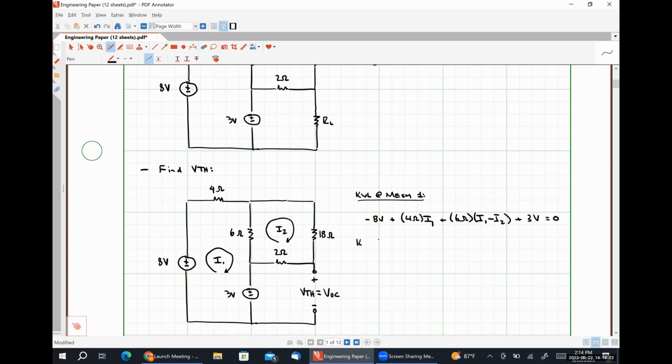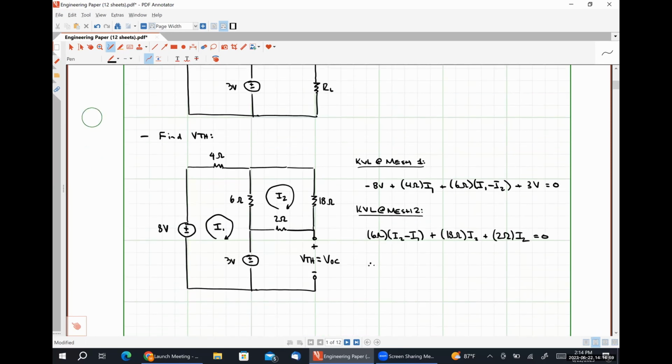When I do KVL around mesh 2, I'm going to have 6 ohms times (I2 minus I1) plus 18 ohms times I2 plus 2 ohms times I2 is equal to 0.